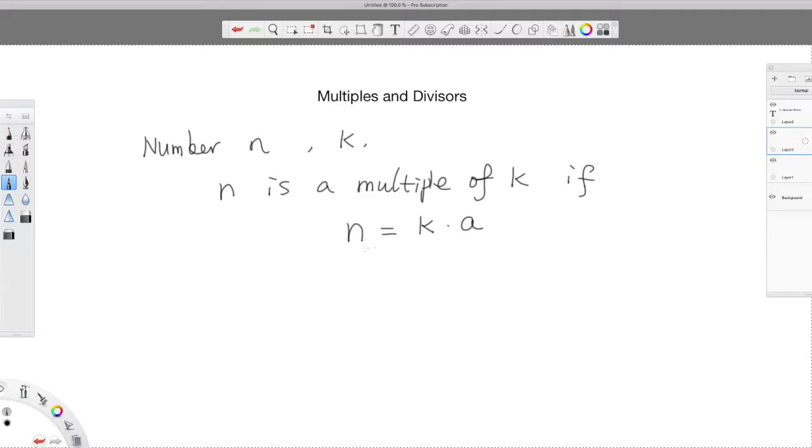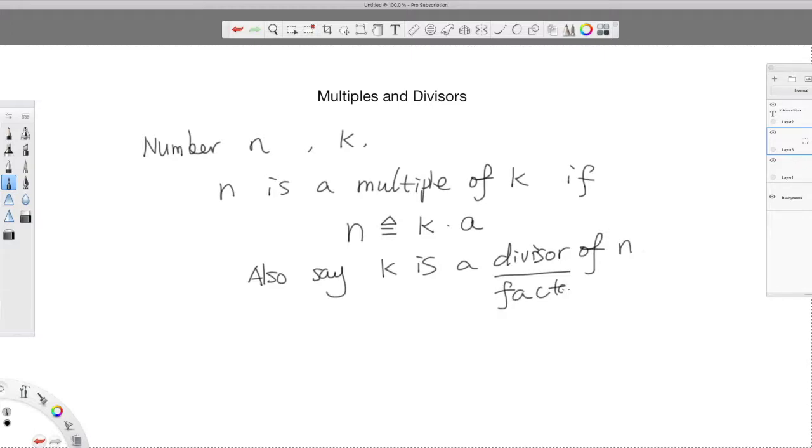That's really the definition of multiples. In that case, we also say k is a divisor of n. Sometimes people call a divisor a factor: k is a factor of n.